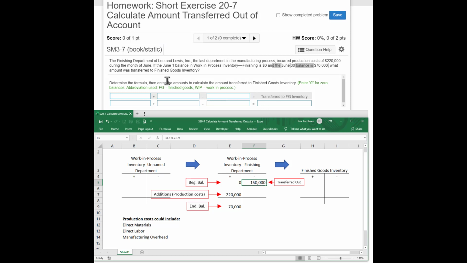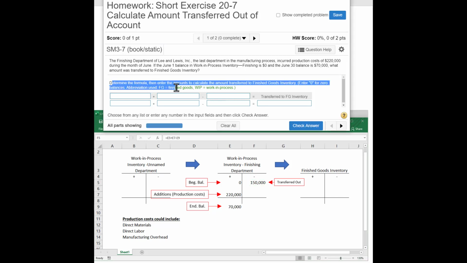So now we can fill in this information. It says determine the formula, then enter the amounts to calculate the amount transferred to finished goods. What amount was transferred to finished goods? This amount here. In reality, if we were doing the journal entry, we would need a debit for finished goods inventory because they were transferred from the finishing department to finished goods. So the formula is you take your beginning work in process, the 0.